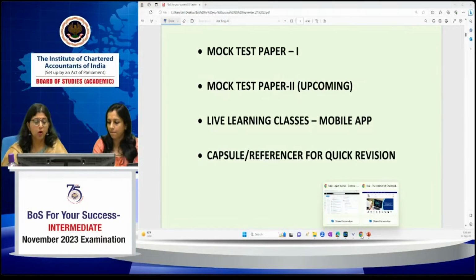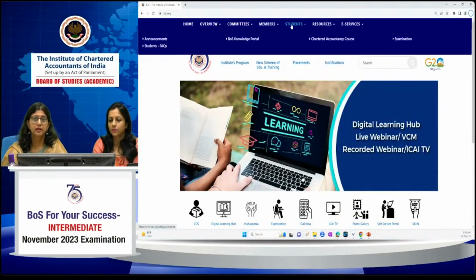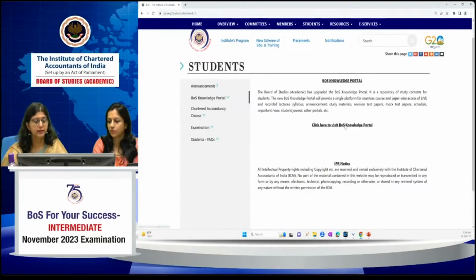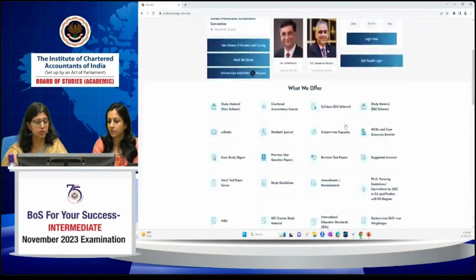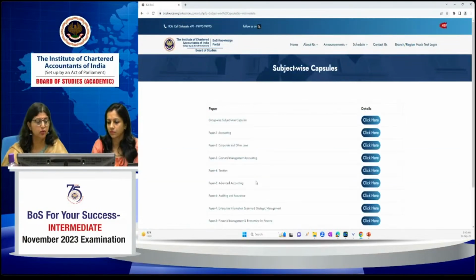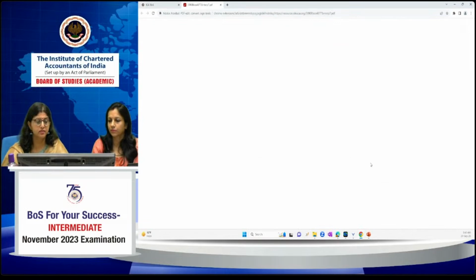We have all these things available on our institute website. Once you go and access ICAI.org, you can go to the BOS Knowledge Portal. Here, click to visit the BOS Knowledge Portal, and here you get access to the study material. You have access to the subject-wise capsules, the referencer that we are talking about here, for Enterprise Information Systems and Strategic Management.